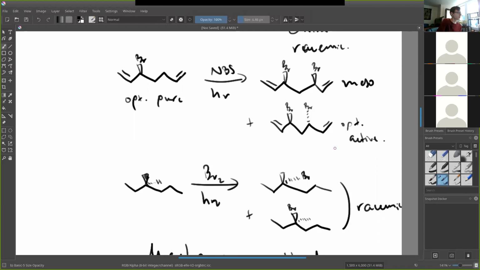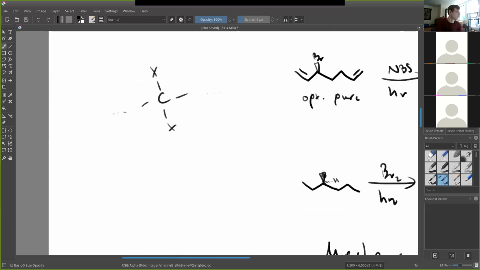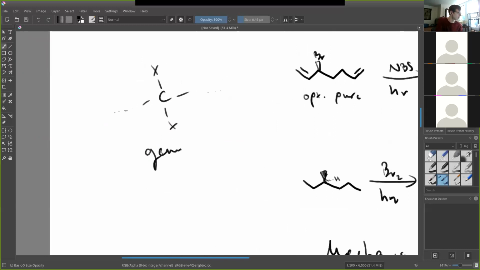So there's this thing about if you have a carbon and then you have these two guys on the same position. These two are called geminal, if I remember correctly. There's also vicinal, which I think is if they're on adjacent carbons.